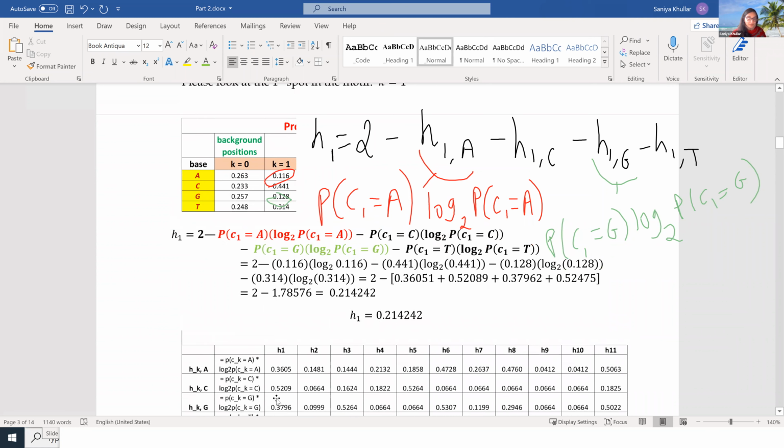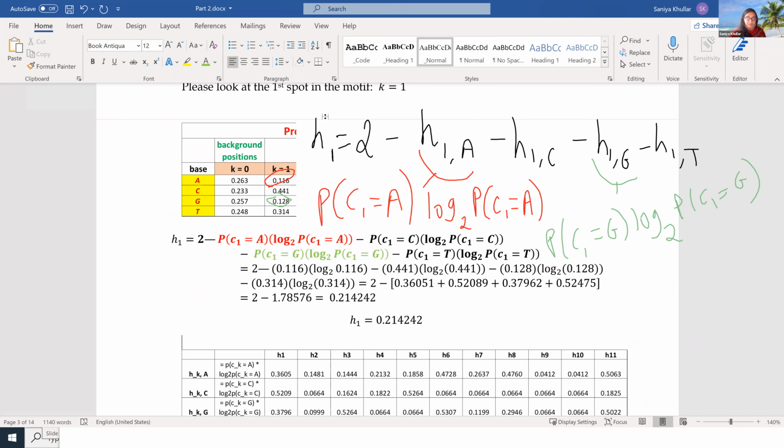So what I'm trying to show you is that this part here in red, when you calculate it out, you're going to get 0.3605. When you calculate what this thing is over here, for the G, you're going to then get this value right here.